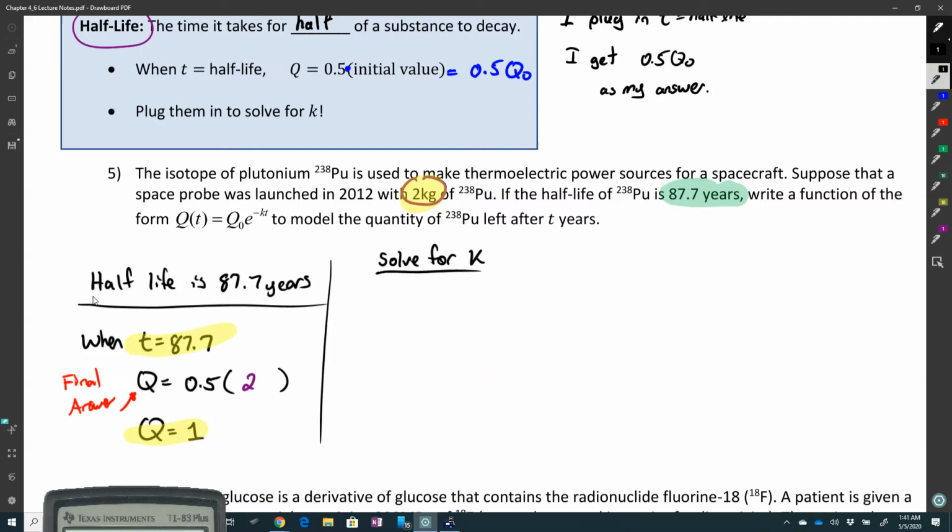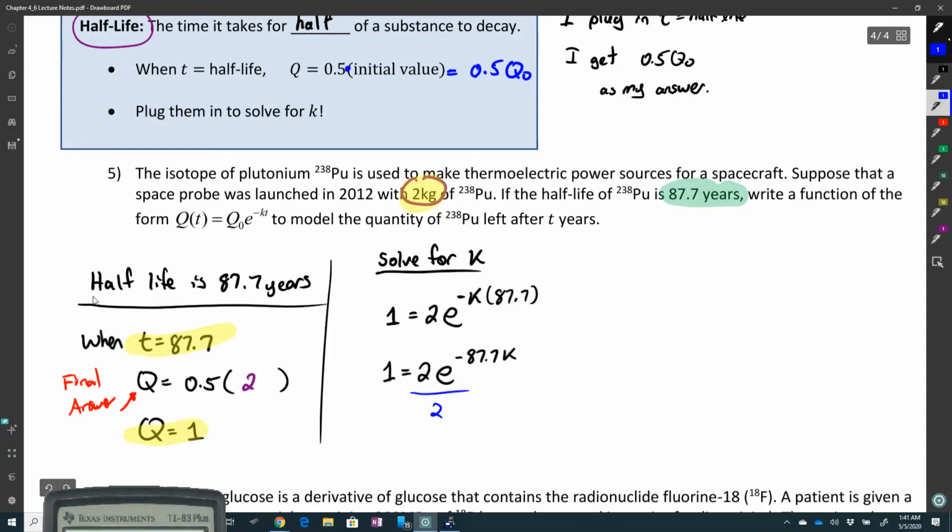So we rewrite the equation. I know Q. I know Q naught. E to the negative KT, so negative K and T is 87.7. Let me just rewrite it real quick: negative 87.7 K. And I want to solve for K. So the first step, divide by 2.